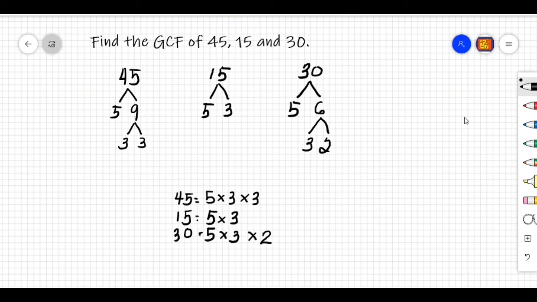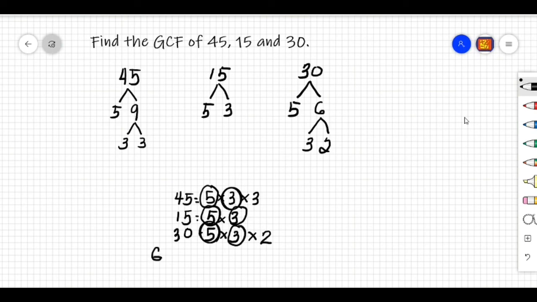Next, after listing all the prime factors of the given numbers, we're going to get the factors that all numbers have in common. So that is 5 and 3. Okay, then we're going to multiply.